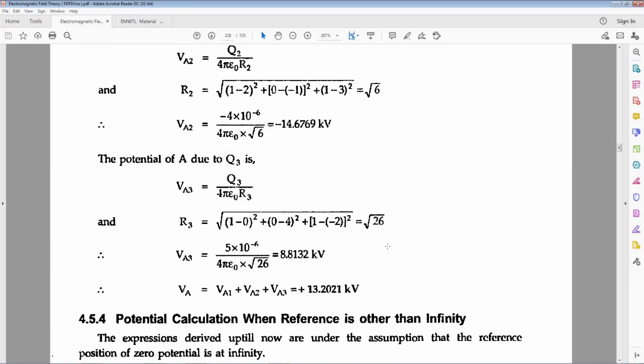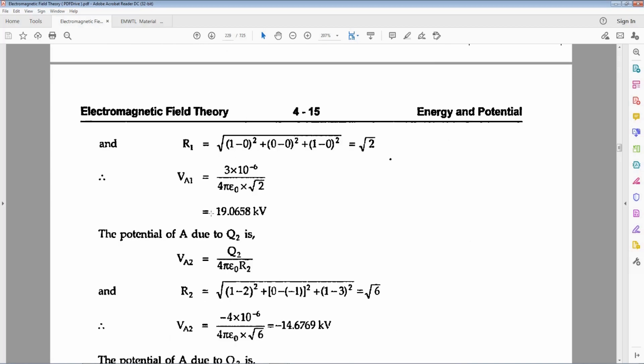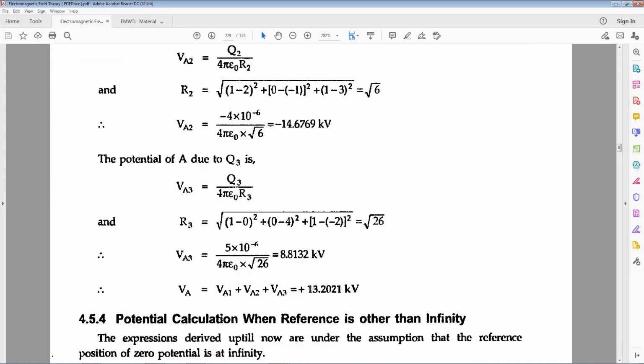Under root of, the 4 square is 16. 16 plus 1, 17. 17 plus 3 square, 9. So you'll get 26. Okay, 4 square is 16 plus 1 is 17. 17 plus 9 is 26. So VA3 we got 8.8132.